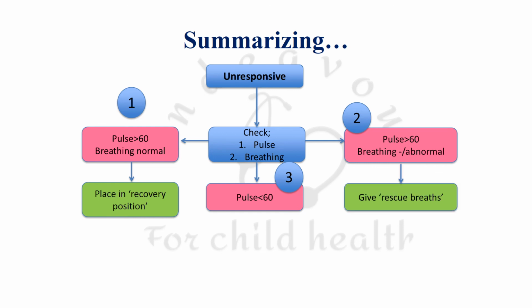In the second scenario, you have to give only rescue breaths, and in the third scenario, you have to perform high quality CPR, the 6 characteristics I discussed earlier, and simultaneously provide rescue breaths along with it. So this is in summary the basic life support algorithm.